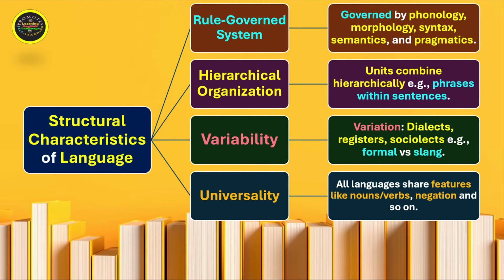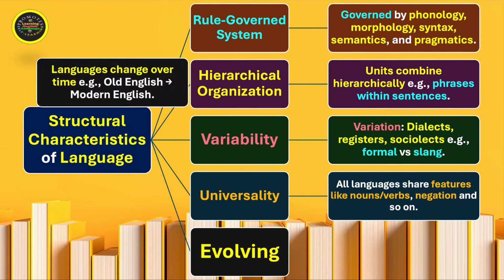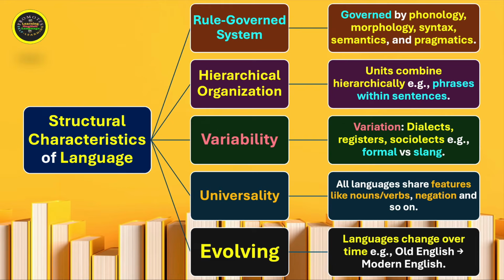It refers to the idea that all languages share features like nouns, verbs, negation, and so on. And then we have evolving. That is to say, languages change over time. For example, Old English changes into Modern English, and so on. The point here is that language is dynamic. Language is not static. It keeps evolving and changing.